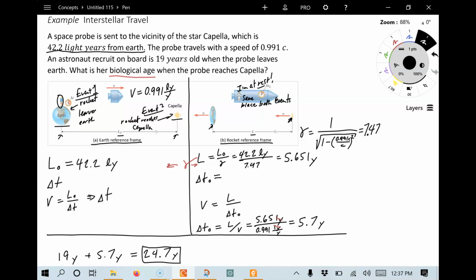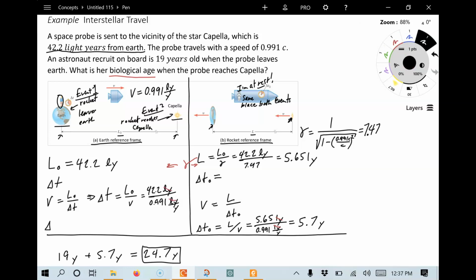How long does it take for the spaceship to travel? Well, we know how far it has to go, L0, and we know how fast the Earth observer sees it going, 0.991 light years per year. So the time interval is that distance divided by the speed: 42.2 light years divided by 0.991 light years per year. The light years will cancel, and we'll come up with a time.